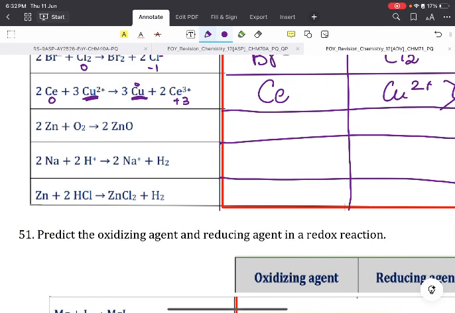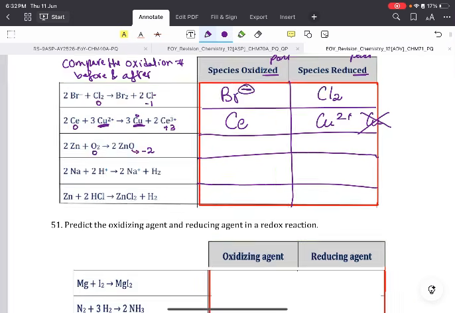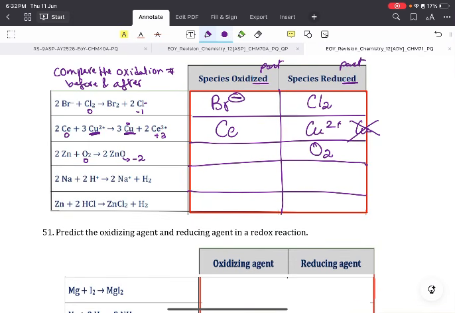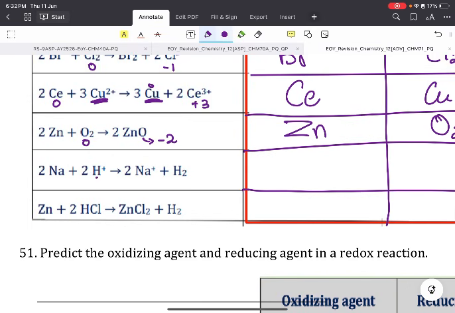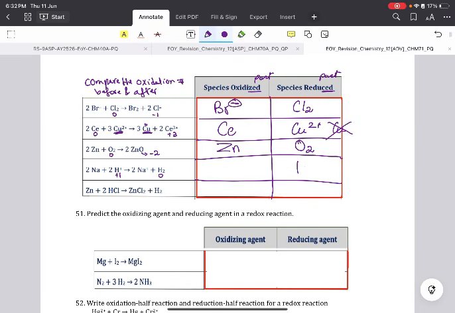Again, another one. This is 0, oxygen in the compound is -2. Always select the elements that you know. So oxygen got reduced, so O2 reduced, Zn oxidized. This one is easy. That's a +1, that's a 0. Reduction. So H plus reduced, Na oxidized.